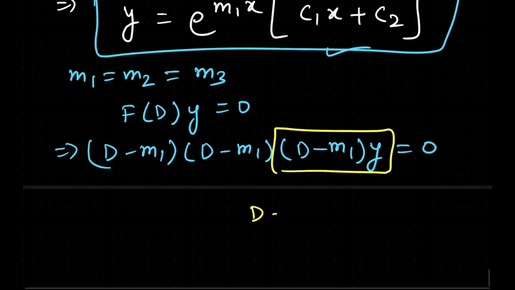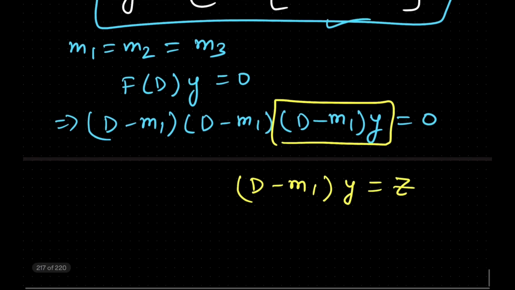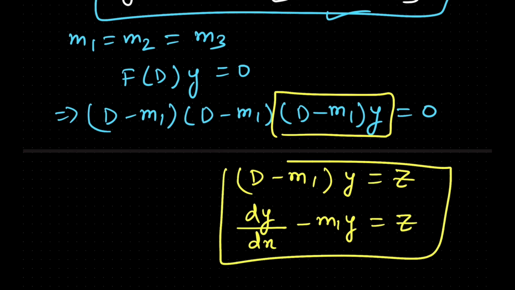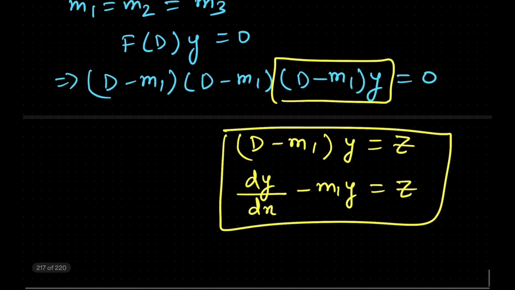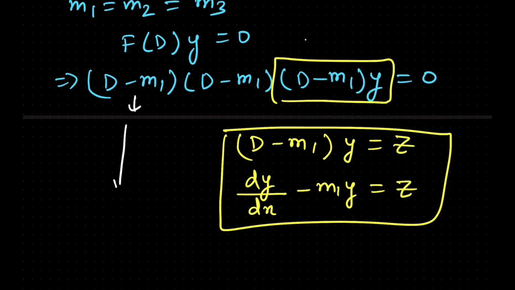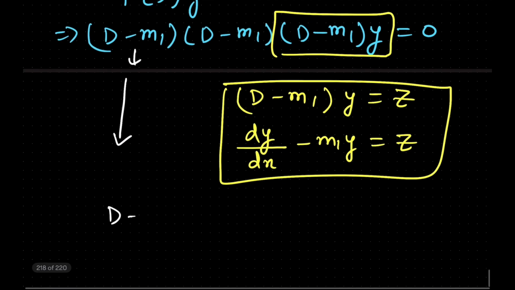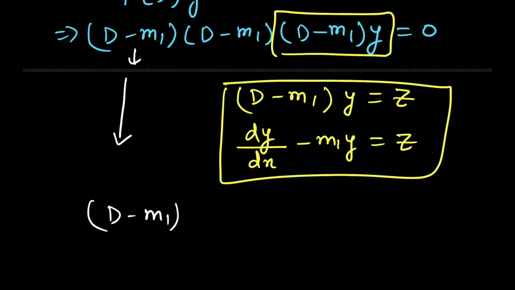So D minus m1 into y as z, or you can also write dy by dx minus m1 y is equal to z. Now this will become D minus m1 into D minus m1 into z is equal to 0.